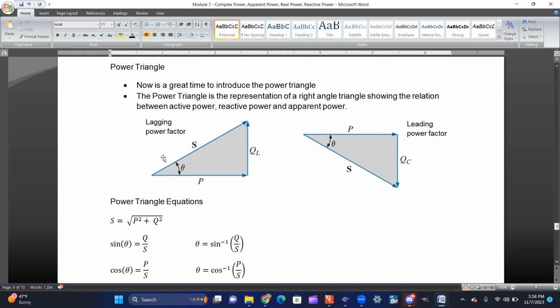So if you have a lagging power factor, your power triangle will look like this, where you have your active power or average power, and then your reactive power, because it's inductive, will be going up because it's positive. And then of course the hypotenuse is your complex, is your apparent power.